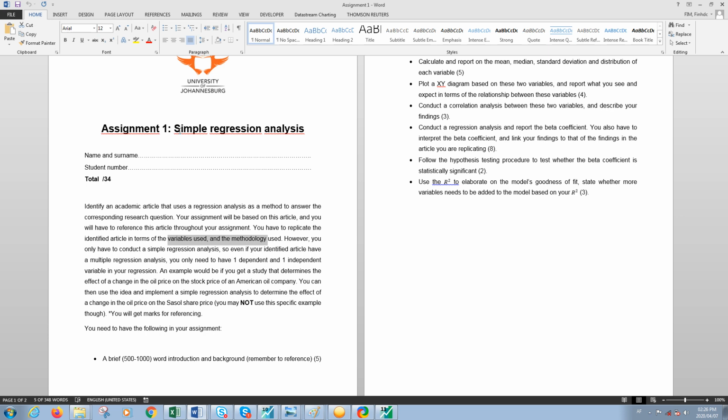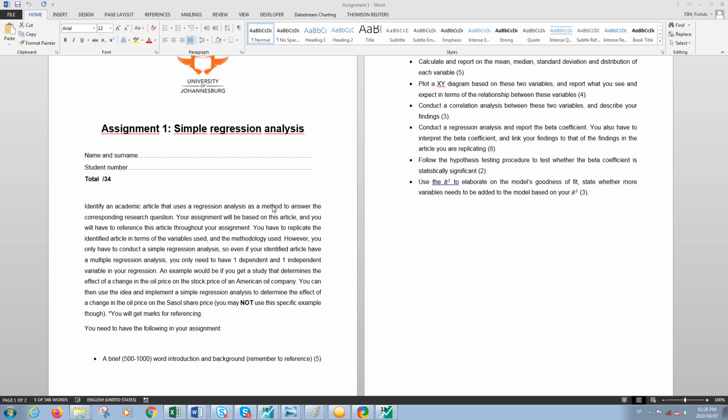That might have been done in the US, but in South Africa you do a similar thing, but you just take the South African rand with our local index. So forget about all the other variables that they've used in the article. You are only going to look at South Africa, and two variables, but it needs to replicate to a certain extent what they've done.